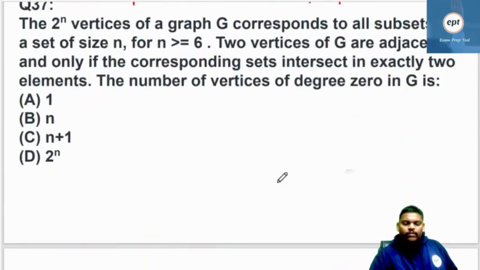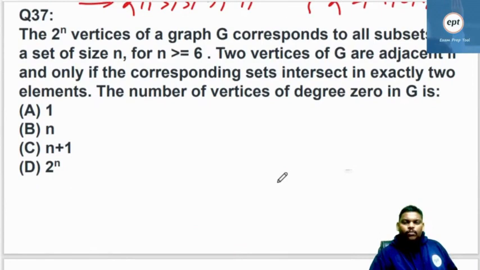Go to question number 37. It is also a nice problem.